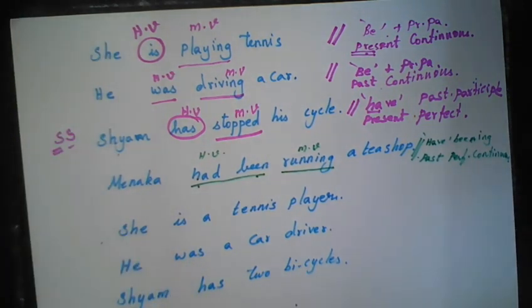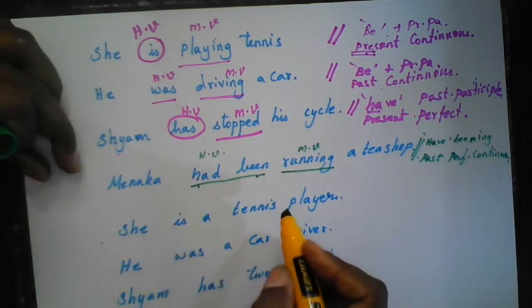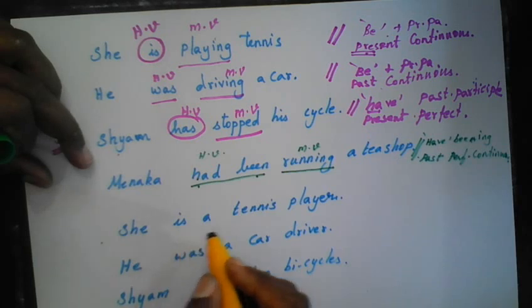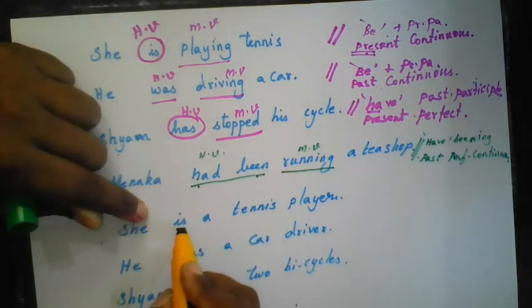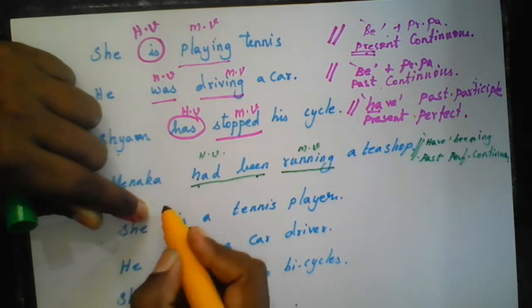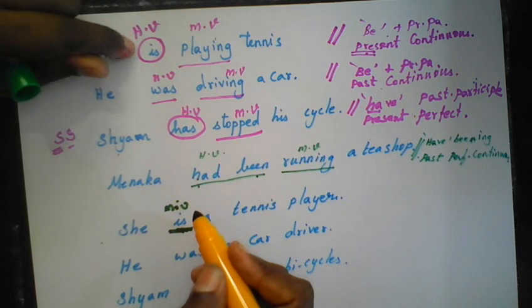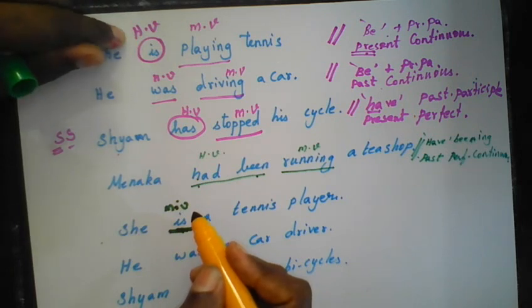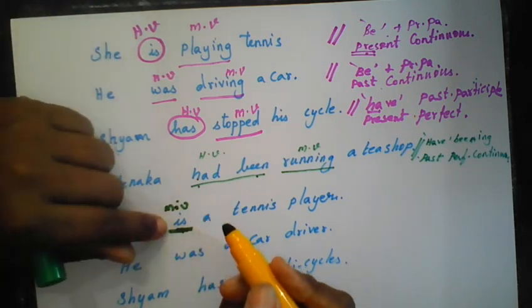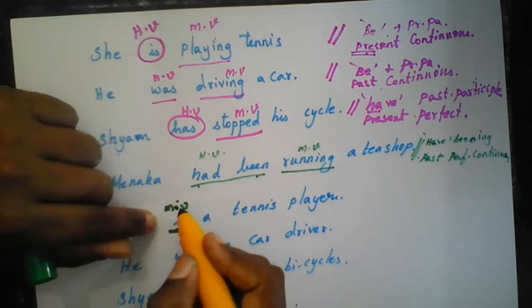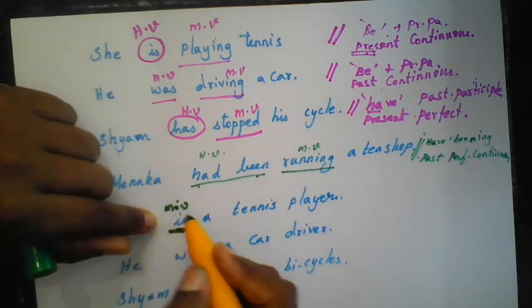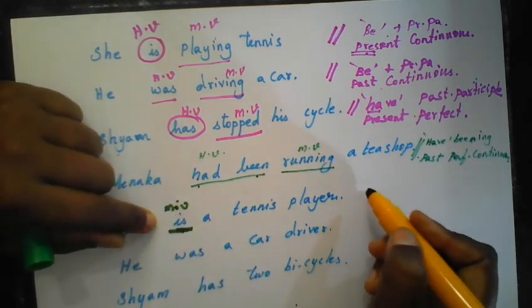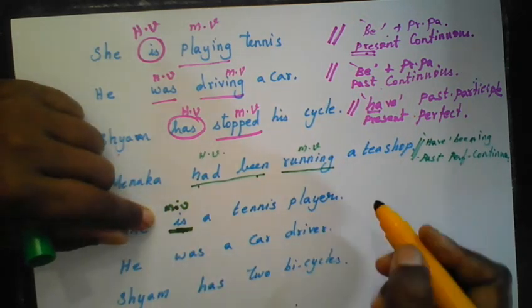And now come here, right? A good example is waiting for you here. She is a tennis player. Now find where the verb is. Here, is is our main verb, right? Is takes the main verb role. Now is any other verb here? No, right?